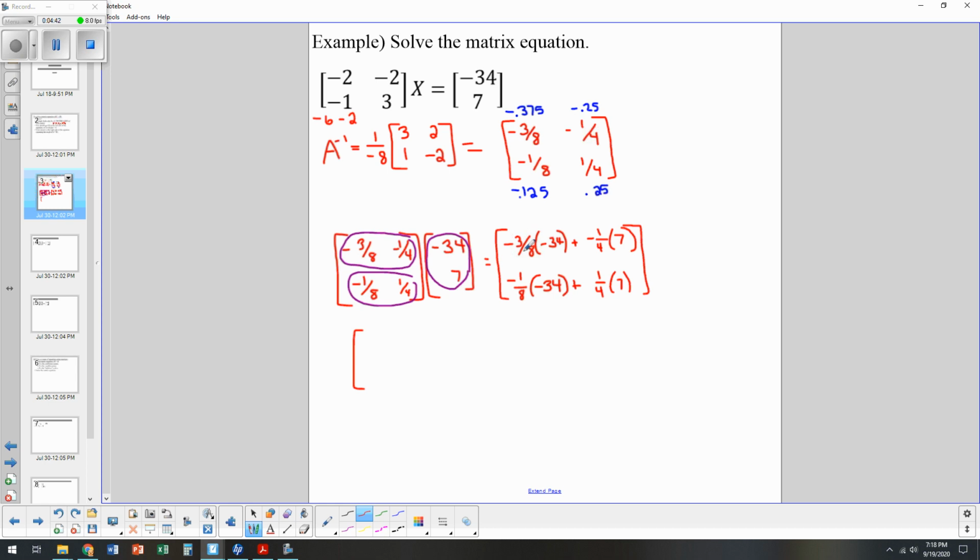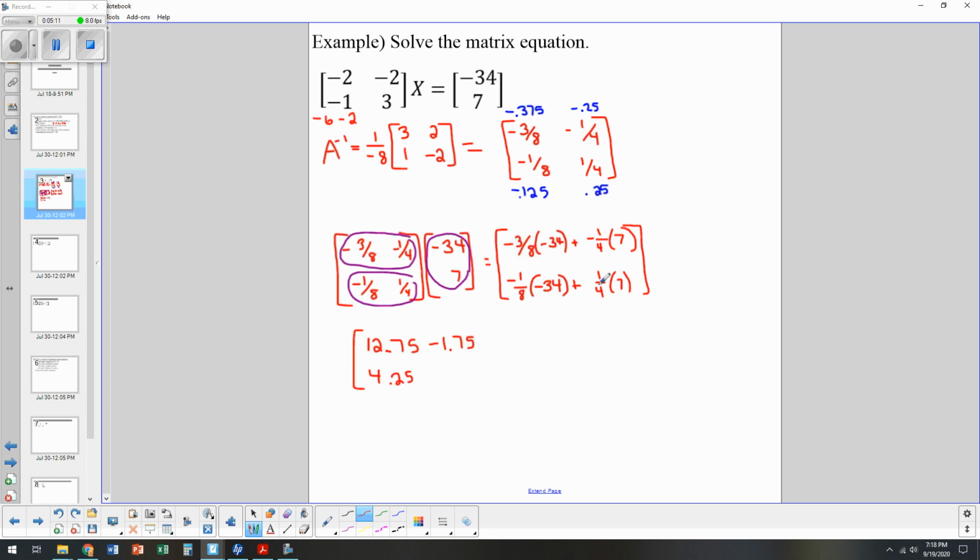Negative 3/8 times negative 34 gives me 12 3/4, or 12.75. Plus negative 1/4 times 7 is negative 7/4, or negative 1 3/4, so that's minus 1.75. Negative 1/8 times negative 34 is going to give me 4 1/4, or 4.25.